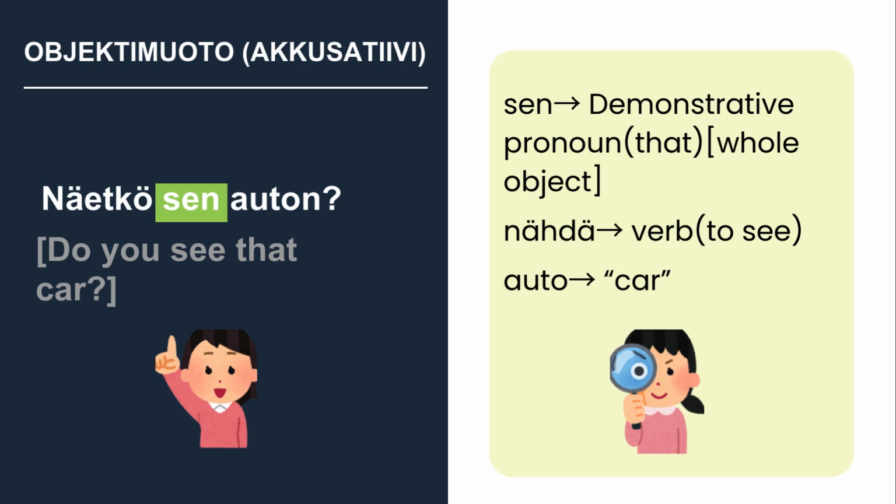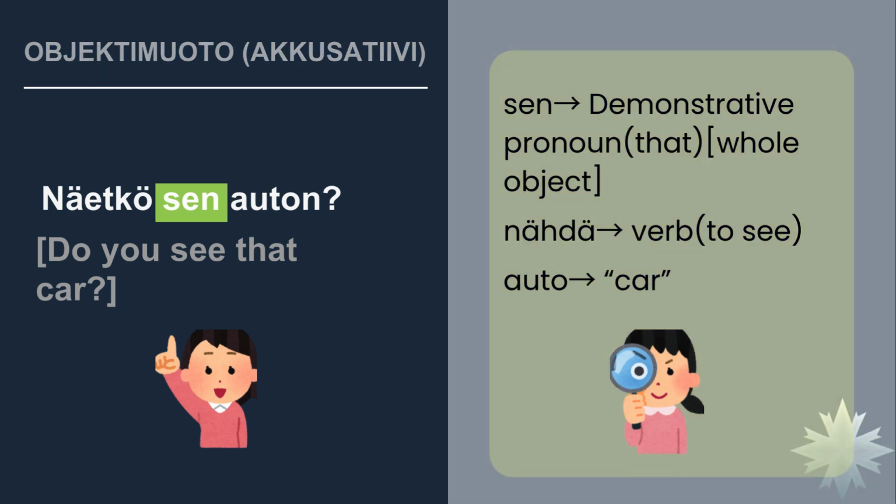Now, why sen is used here? Let me remind you once again, accusatiivi is used when there is a completed action or whole object. In this statement, sen auton refers to the whole object. So, näetkö sen auton means do you see that car?